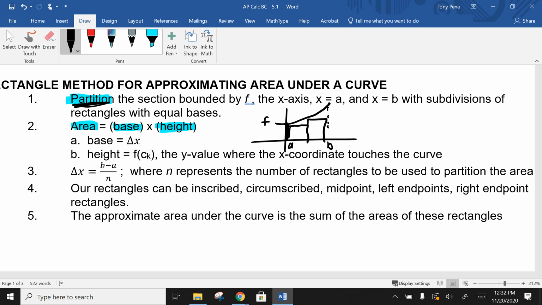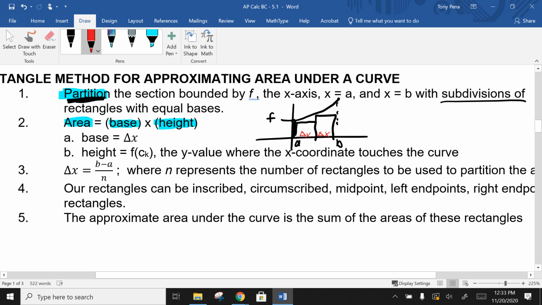So this is me breaking the section bounded by that into subdivisions of equal rectangular bases. And then wouldn't these be our bases? Since they lie along the x-axis, your bases would just be whatever the change along the x-axis would be. So I put the little delta x there. It's kind of small for you guys in the room. Whatever that delta x is, that would be the length of our bases.